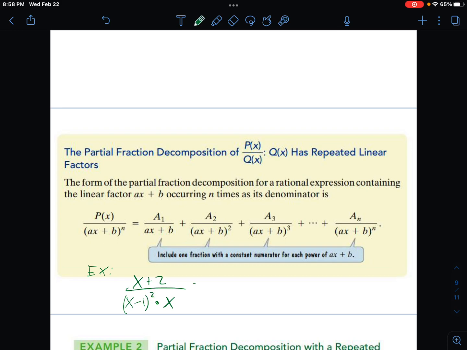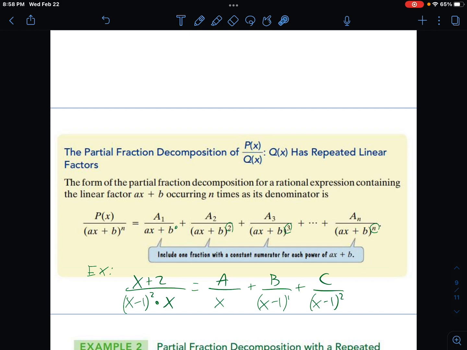And so when we write this out, we're going to have a over x plus b over x minus 1 to the power of 1. And then we continue to go with this until we reach our number, plus c over x minus 1 squared. Why is this the case? There are 2 of these, okay?